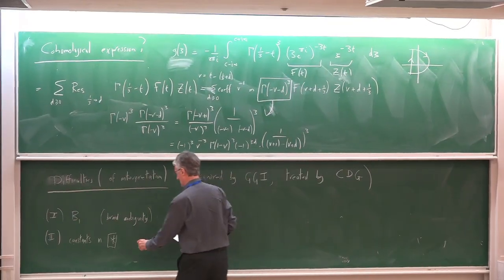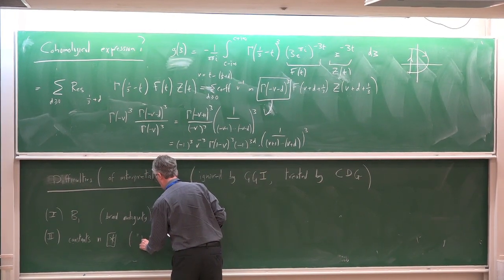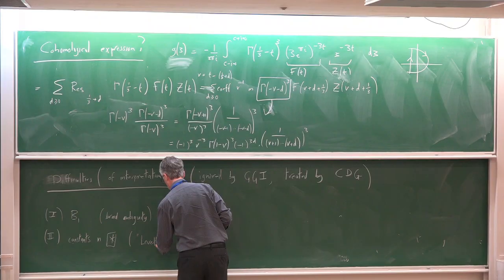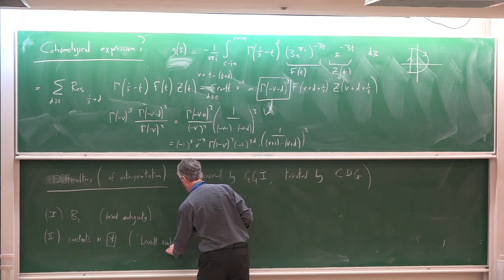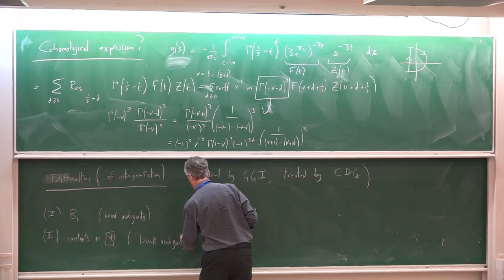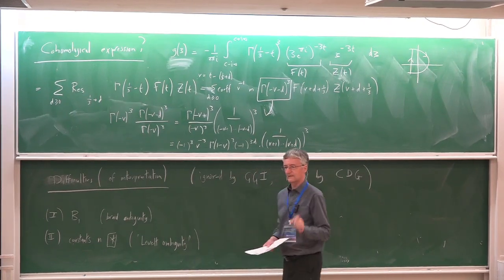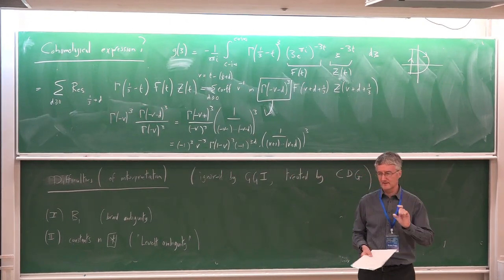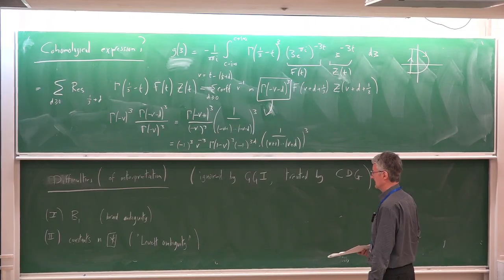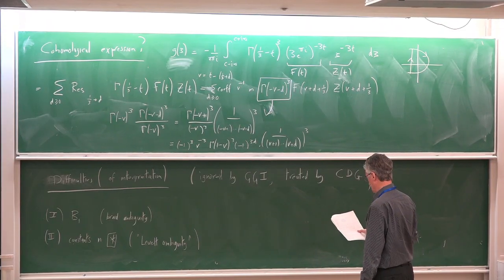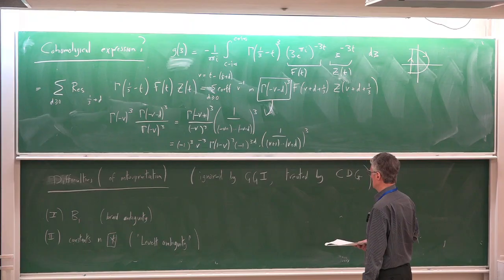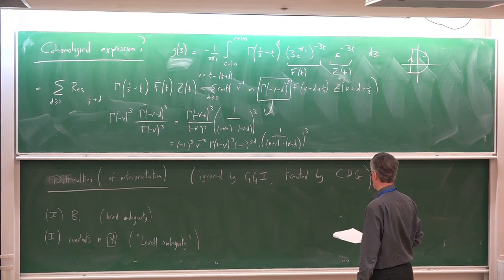You might call this the Levelt ambiguity. It's not exactly the ambiguity in the Levelt normal form of chi infinity, but it's related to that. So there are these two kinds of difficulties which are ignored by GGI and are treated carefully by CDG.